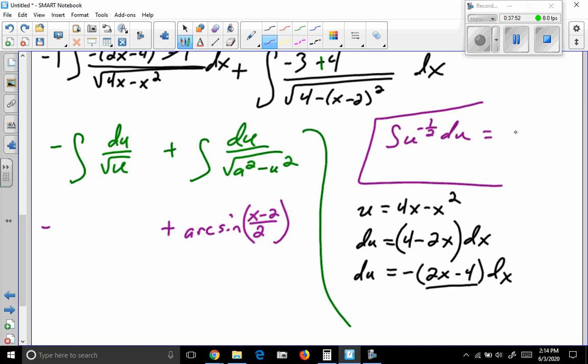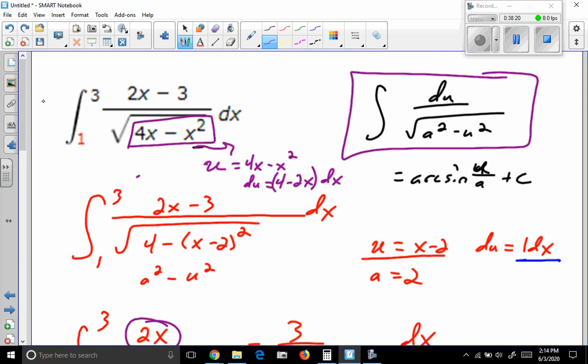So that makes u to the 1 bigger power over 1/2, or times 2. So the negative out front, 2 u to the 1/2, which is the square root of u. And for this one, u was everything underneath. So that's our full antiderivative, and we want to evaluate that from 1 to 3.